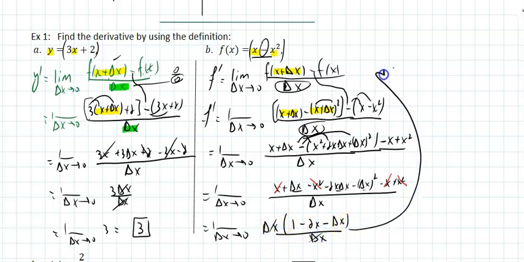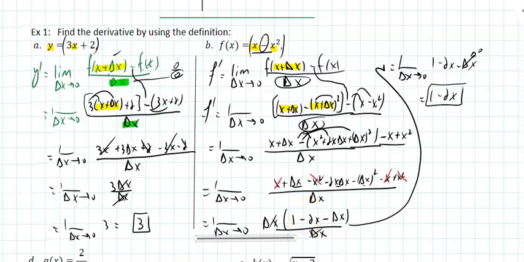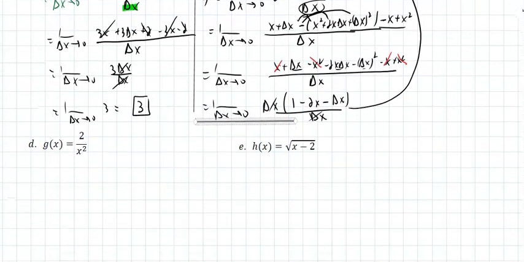Once you cancel those out, you would try the shortcut again. If you let delta x equal 0, you're left with 1 minus 2x. So the slope of the tangent in this case, or the derivative, or the velocity, is 1 minus 2x. You give me an x value, I'll tell you what that number is.